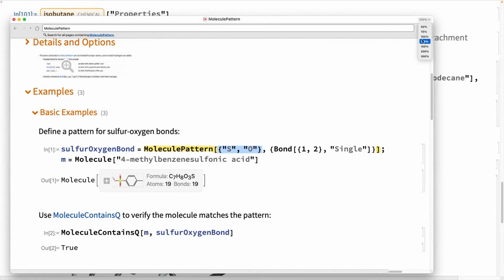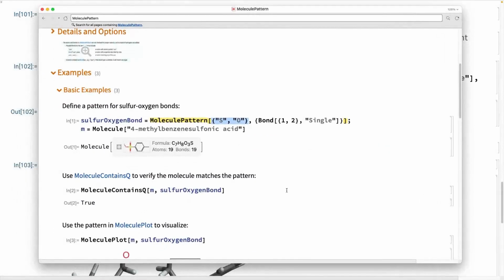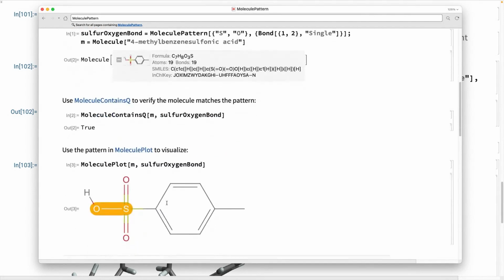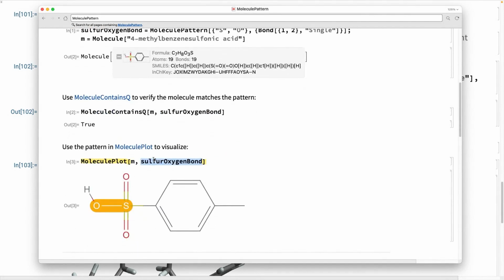Suppose we have this bond and then we have this complicated molecule. You can do things like ask, does the molecule contain any sulfur-oxygen bonds? Yep. And you can highlight this because it's a molecule pattern, just like with a bond pattern. You can highlight any particular pattern match in a plot.